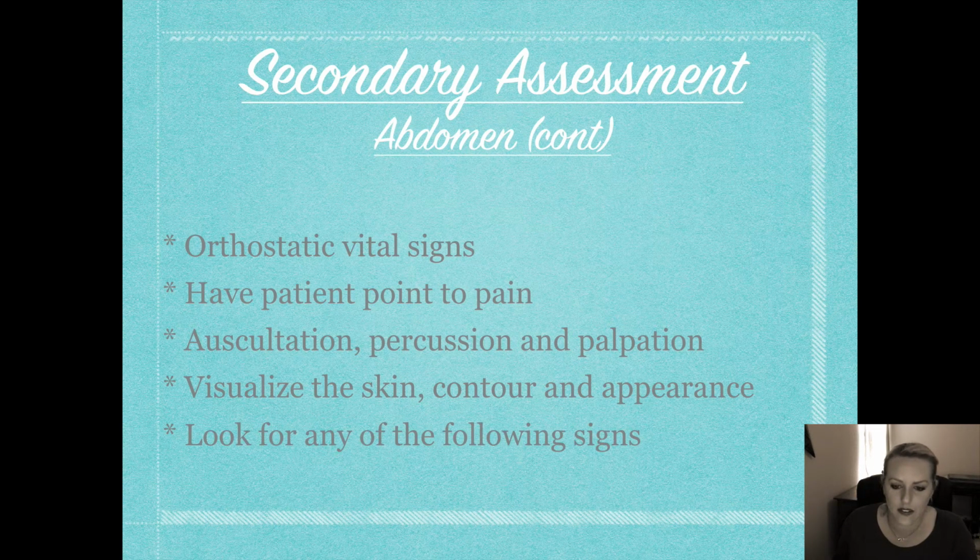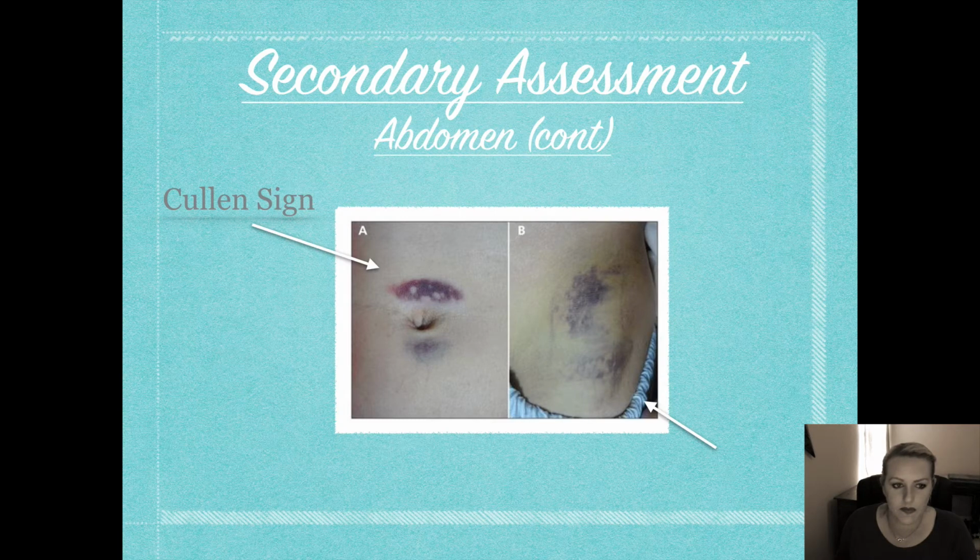So look for any of the following signs. The Cullen sign is bleeding around the umbilicus, or Gray-Turner sign, which is bleeding, bruising around the flank.